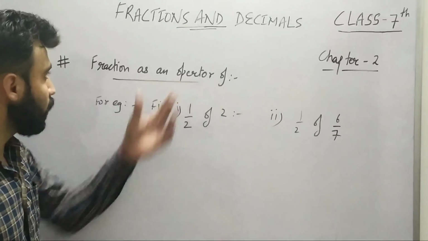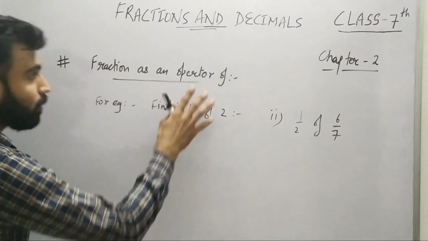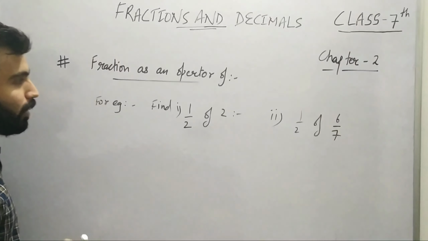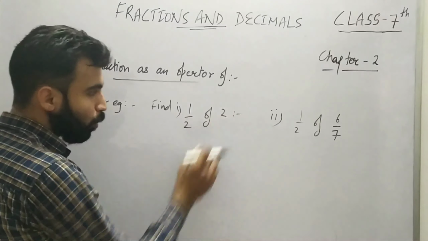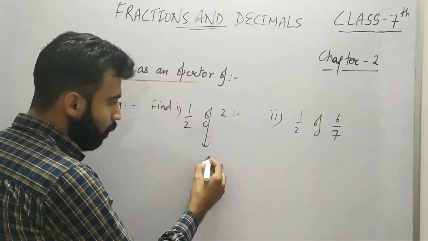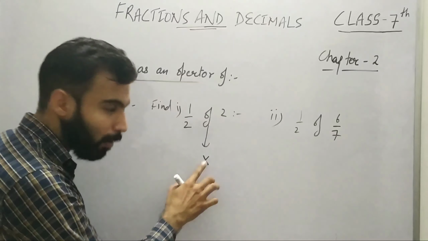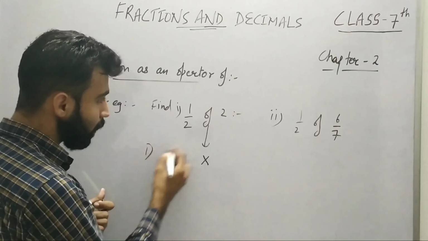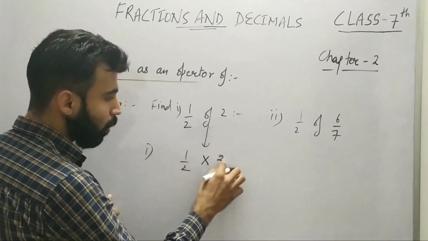That's all. So students, let me move to the last topic before exercise 2.2 here. The last topic here is fraction as an operator of. So what is this operator of? You can see I have taken an example like find 1/2 of 2. Now remember this of means multiply. So this operator of means multiply. So we have to do nothing, just to solve it: 1/2 of means multiply, then put the whole number value, right?